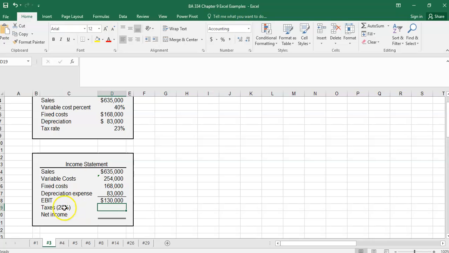And our taxes are 23%. We'll take our earnings before income and taxes times our tax rate of 23%, gives us our taxes of $29,900, and net income is earnings before income and taxes minus taxes. So the net income from these projections is $100,100.